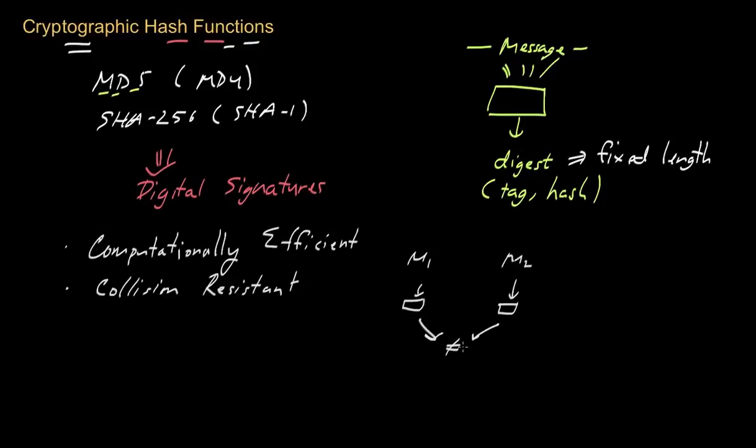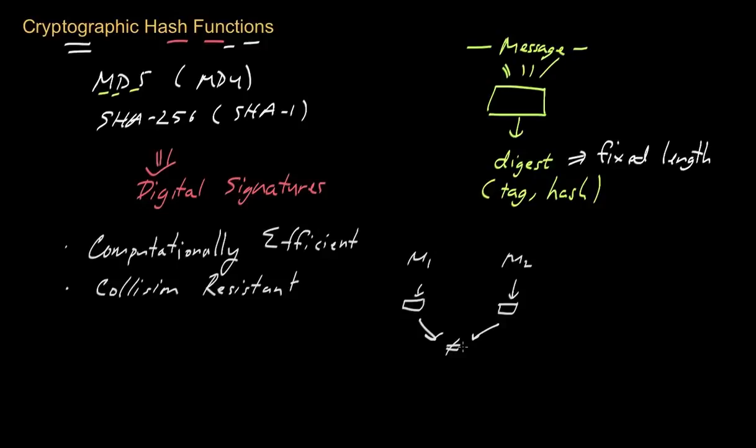We know that they exist by virtue of the fact that there are many messages that can be hashed and only a relatively small number of possible digest values. But aside from that consideration, it should be hard. It should take an astronomically long time to find two distinct messages that would result in the same output under the application of the hash function.